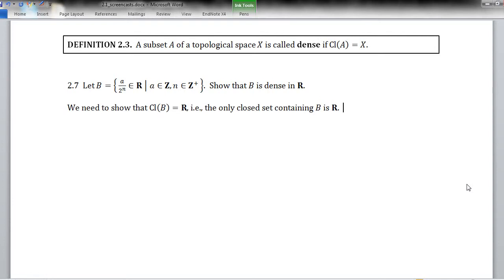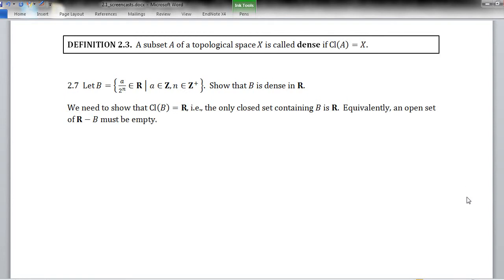All right, well, we eventually want to get to open sets, so that we can work with the basis for the topology on R. So we can say that, equivalently, an open set in the complement of B must be empty.